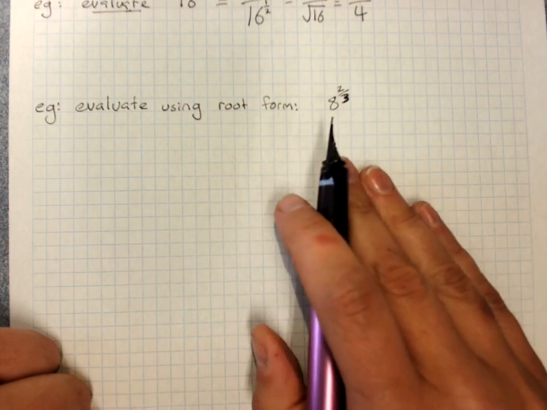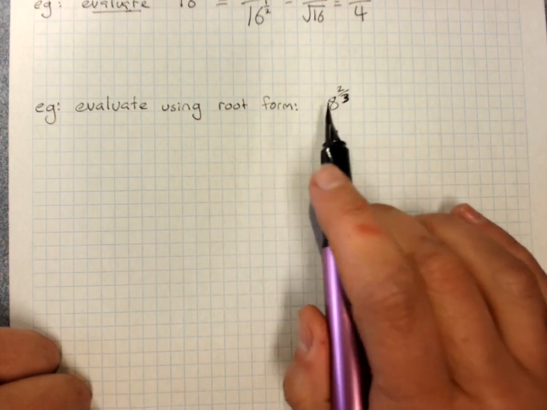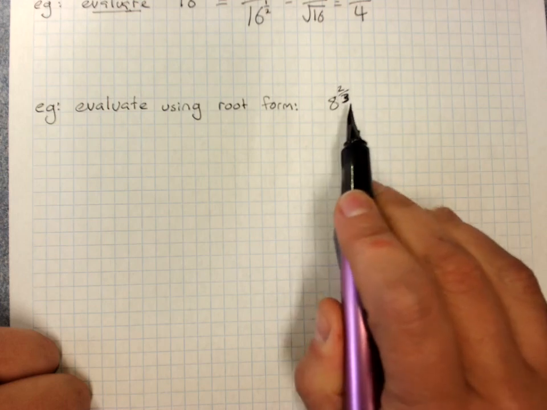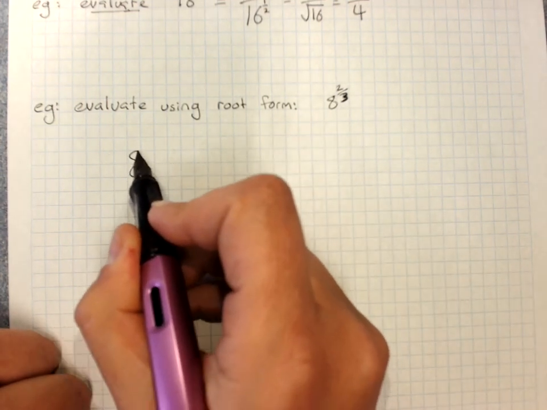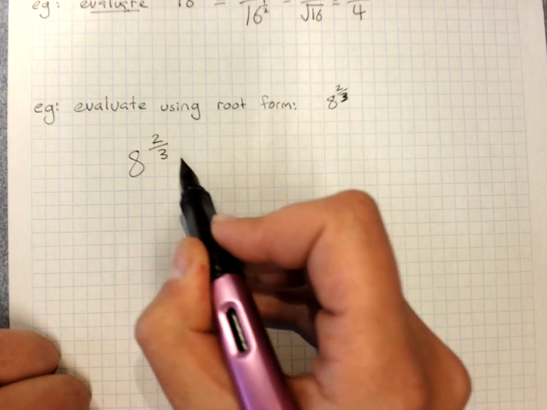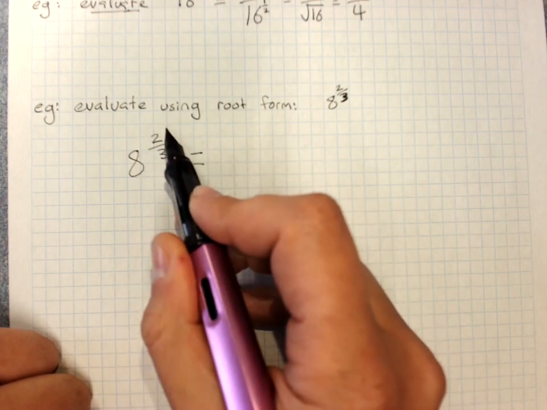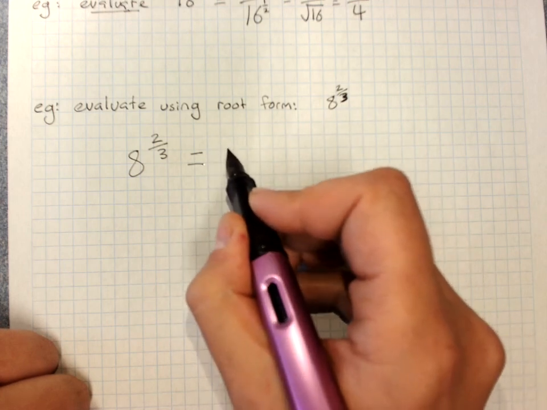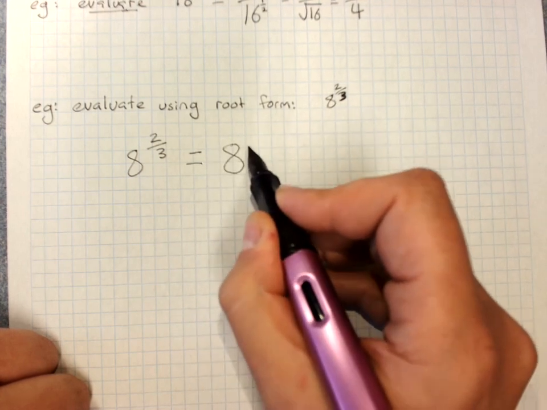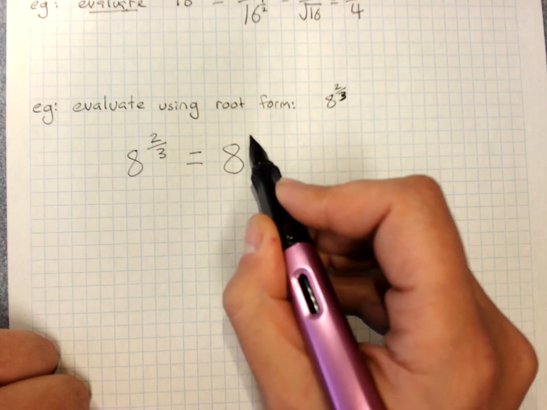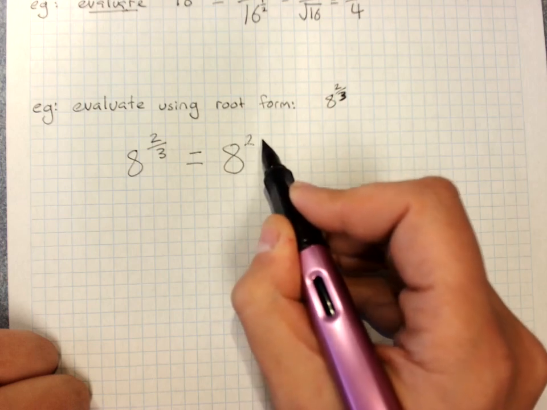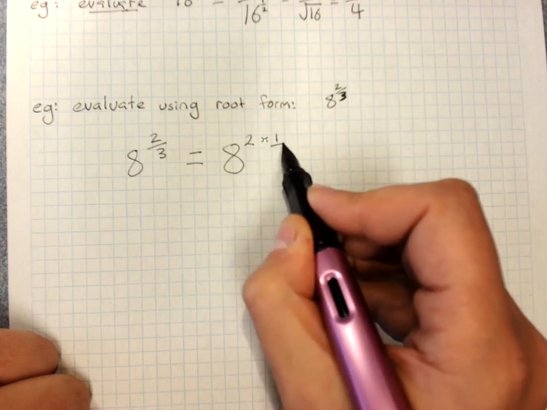I find it most easy to separate out this power, so I've got 8 to the power of 2 over 3, I'll write really large, into the numerator times the unitary fraction. That is, this is 8 to the power of 2 times 1/3.